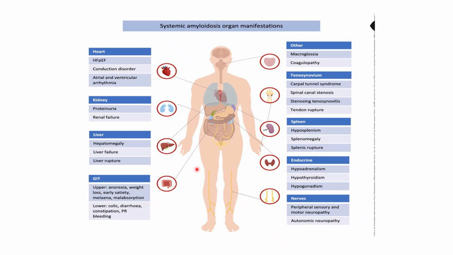In various organs, amyloid deposition can occur, which can present as various symptoms: in the liver, it can present as hepatomegaly, liver failure, liver rupture; in the GIT, weight loss, anorexia, melena; in the kidney, proteinuria, renal failure; in the tongue, macroglossia can occur; and in nerves, peripheral motor neuropathy can occur.